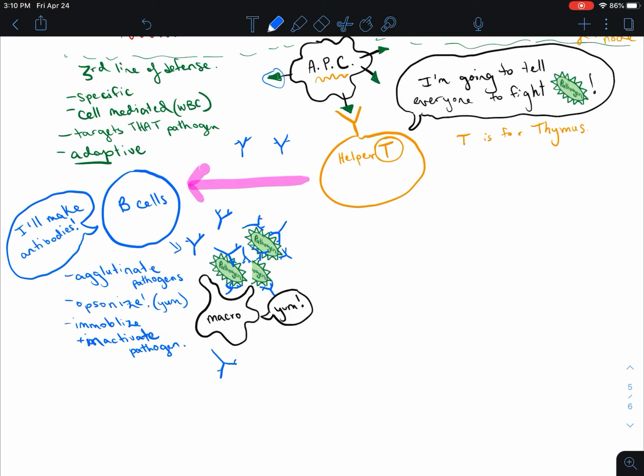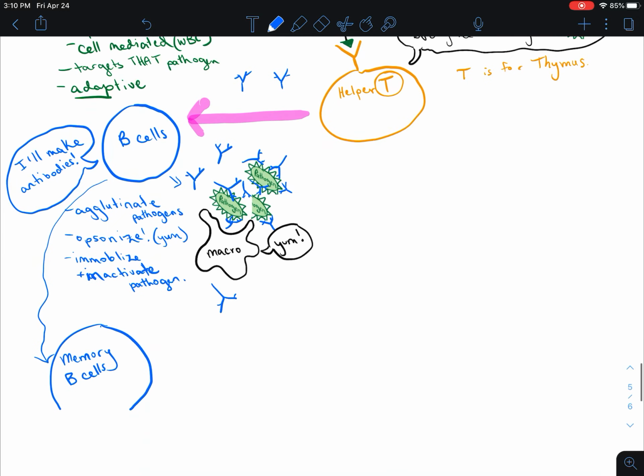Okay, while the B cells are working, they're going to divide and make more of these little factories. And once they're done, their response, much later on, they're going to make some memory B cells as well. Okay, and those memory B cells, they'll remember that pathogen long term.